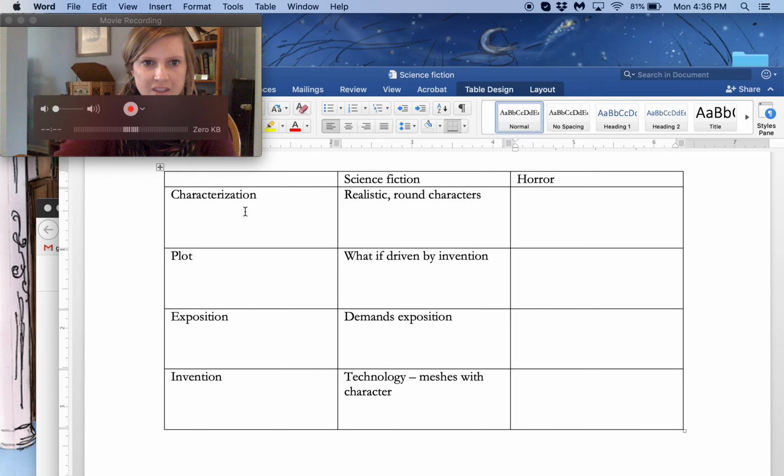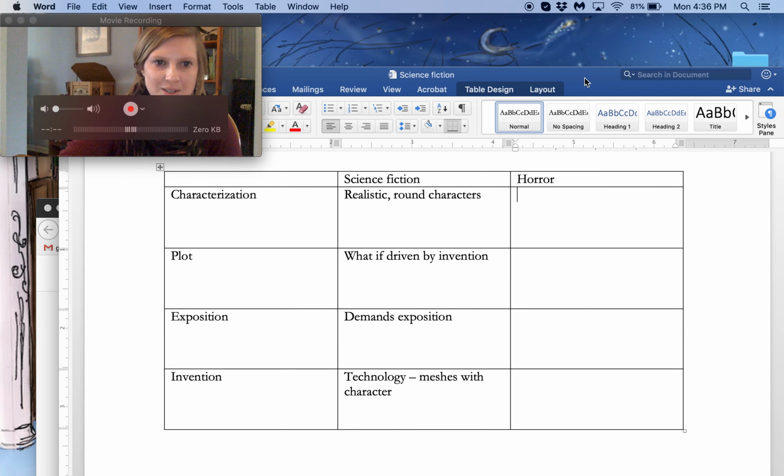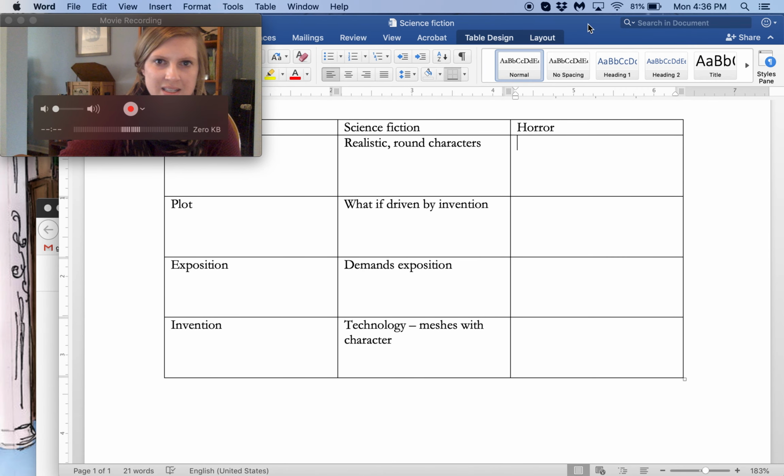So if we start off with characterization, if we were together, we would talk about how these characters are characterized, but we're not together. So just from my perspective, I think what's going on with characterization in this particular story is that we have round characters to some extent, but not quite as round, not quite as realistic as what's going on in science fiction.